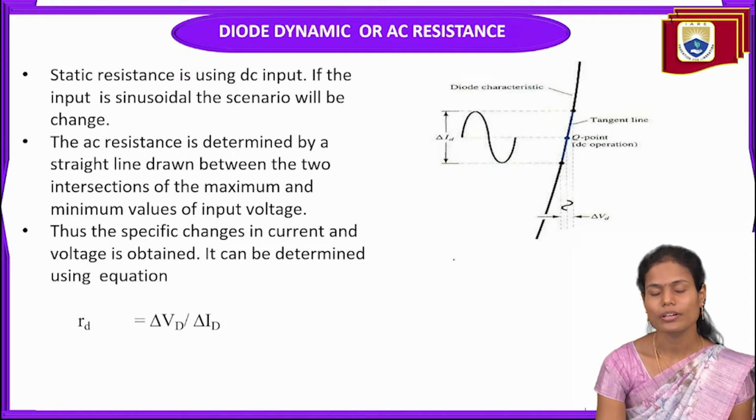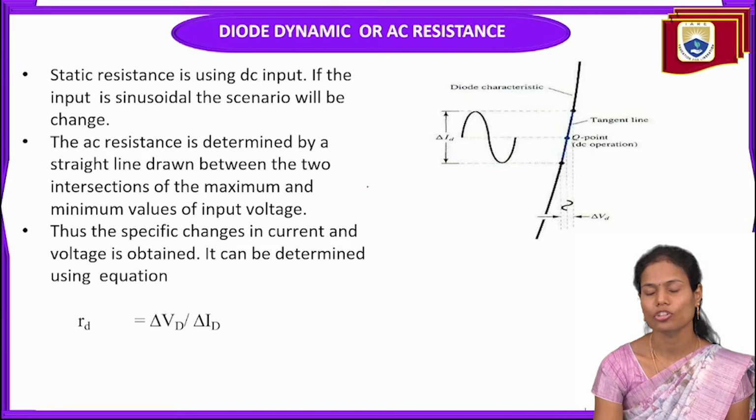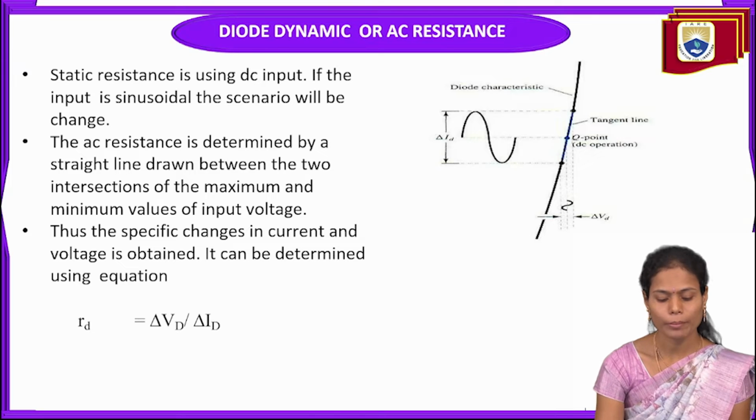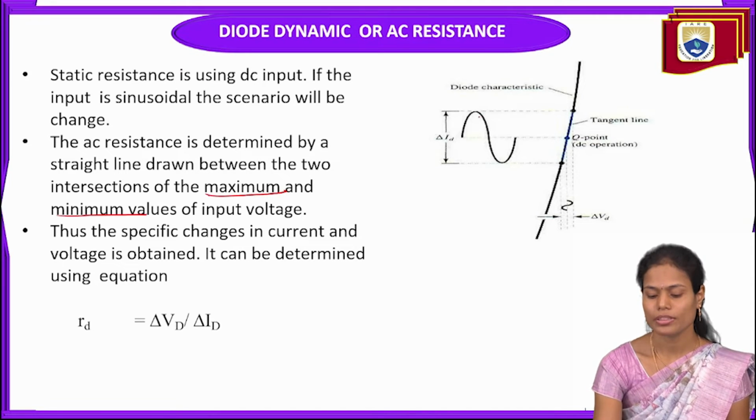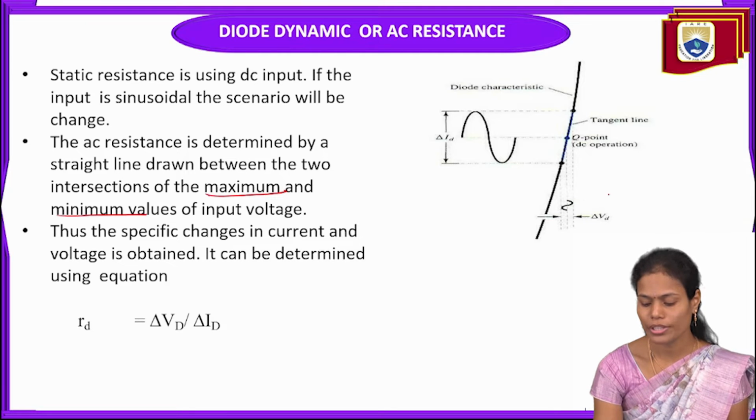So the resistance is determined by a straight line drawn between the two intersections of maximum and minimum values of input voltage. That is nothing but the input voltage we are providing here. This is the maximum value and this is the minimum value.